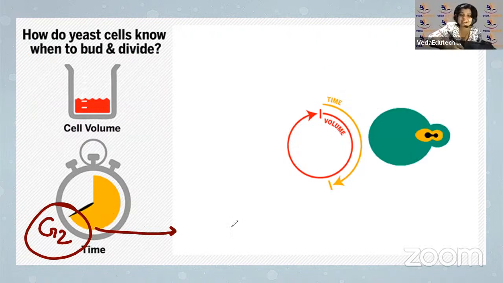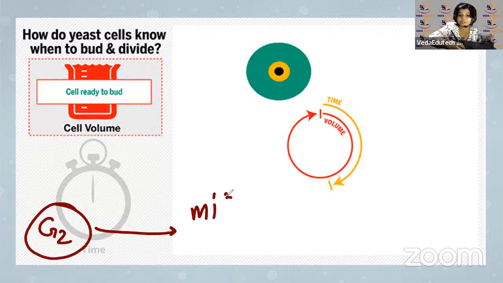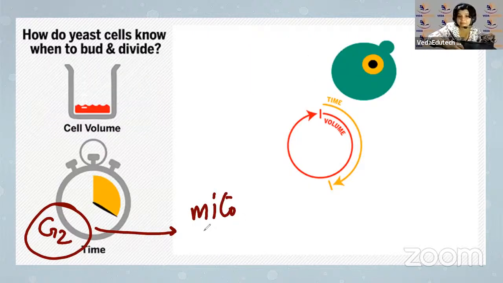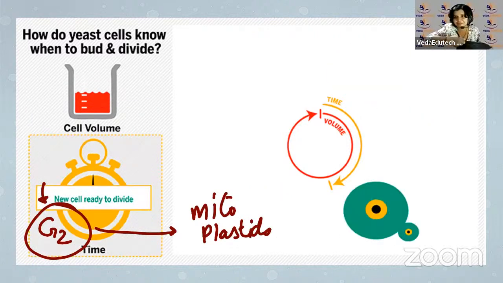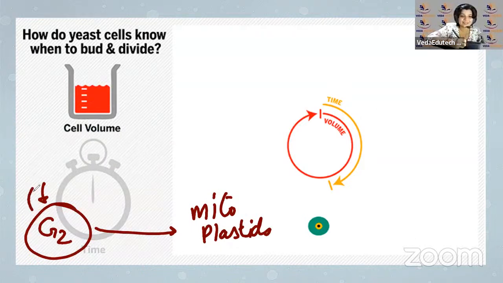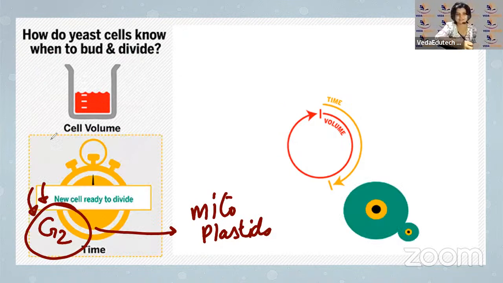The cell organelles which have their own DNA. Basically mitochondria and plastids. They will replicate in G2. Rest everything replicates in G1.